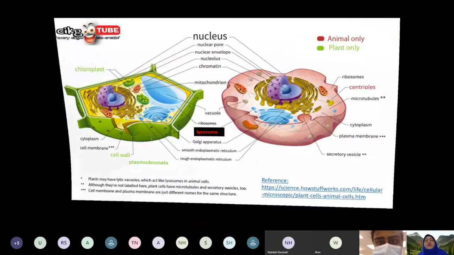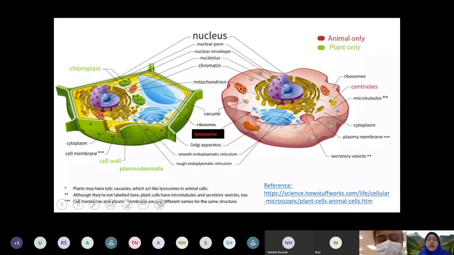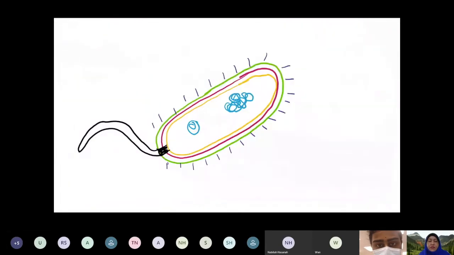Our focus this afternoon is to discuss the beginning of our lesson, where you need to know the structure of plant cell, animal cell, and also the other cell known as prokaryotic cell.